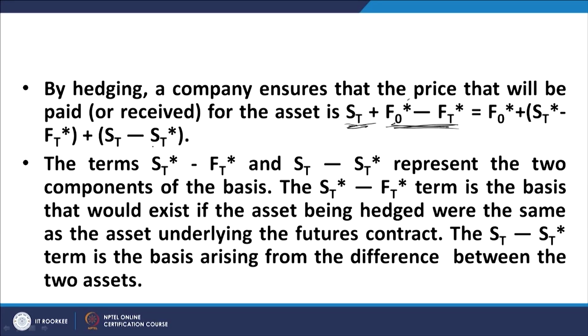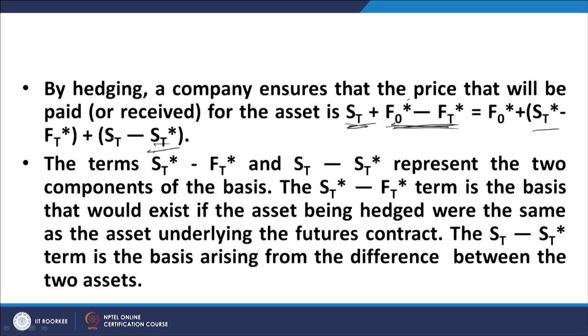I can write this, by adding and subtracting this expression, as F0 star, this part, plus ST star which goes along with this. This is an addition and subtraction expression, plus FT star is here, minus ST star, and ST is here.